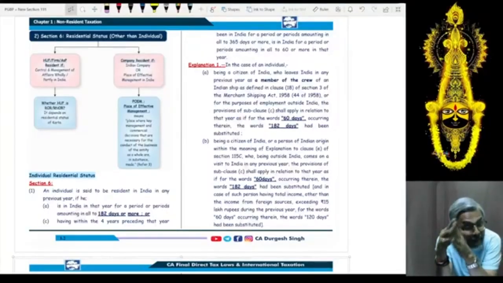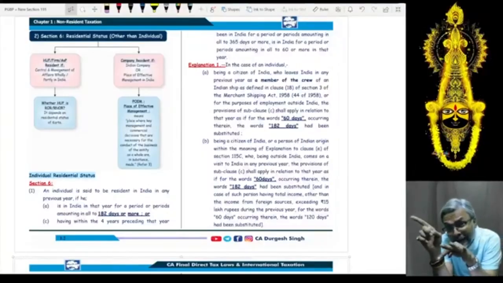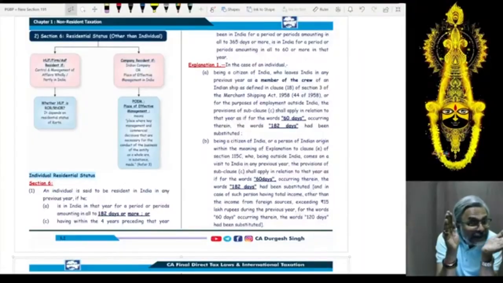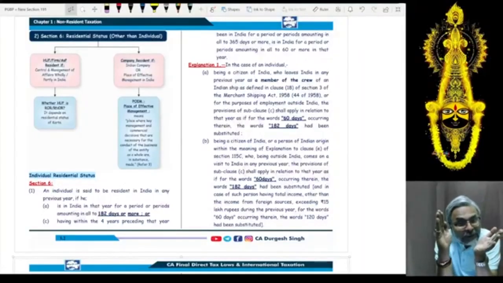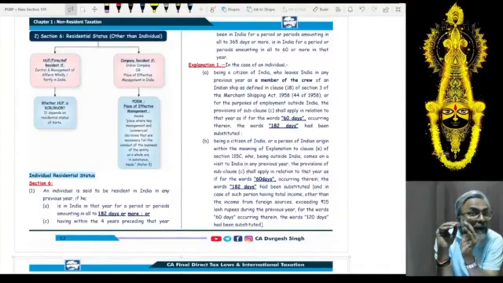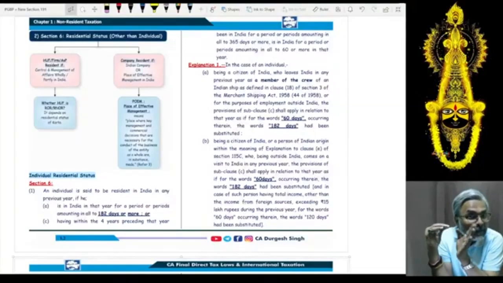And if he is an NRI, then he has the option of the special provision of chapter 12A. So even that could be one of the possible questions. This type of question hasn't been asked so far, but you cannot rule out this type of question.